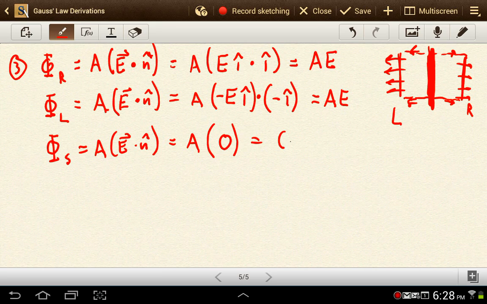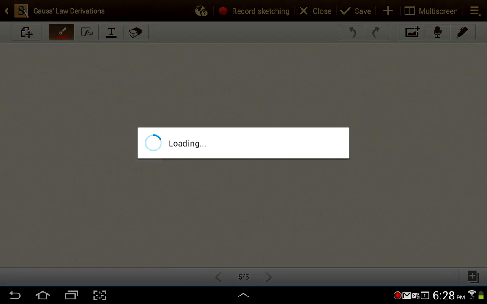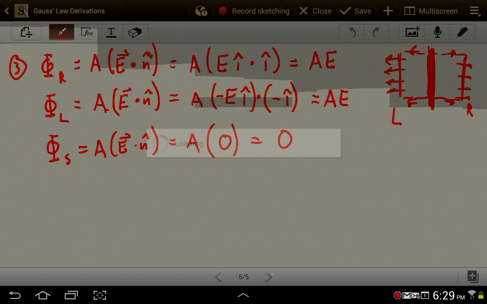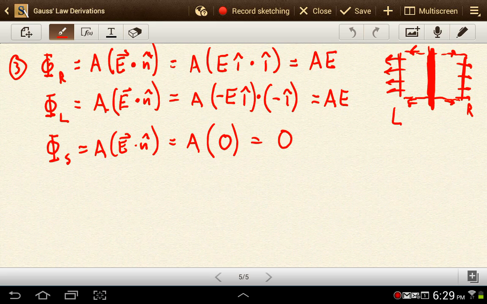So the flux through those is going to be 0. Let me just back up one and show you. That's like the sidewall here, and we know the electric field can only go in the x direction, but we know that n hat is perpendicular to i hat, which is the unit vector in the x direction. So that means that the field will always be running parallel to these sidewalls, which means that there will be no flux. So there you go.